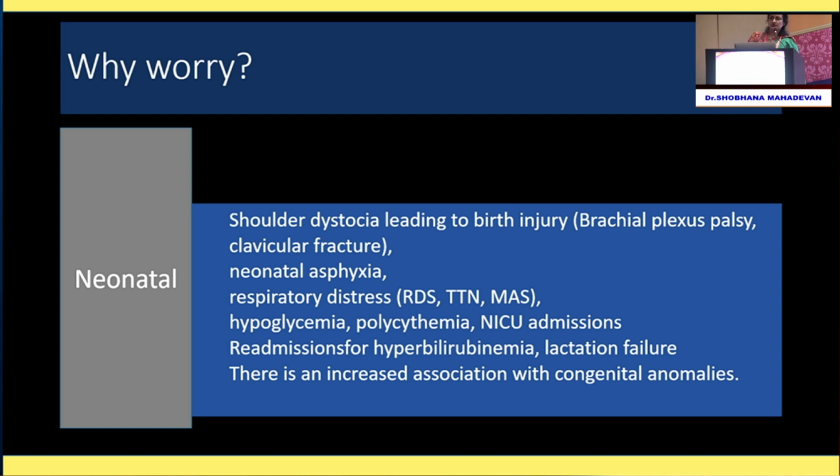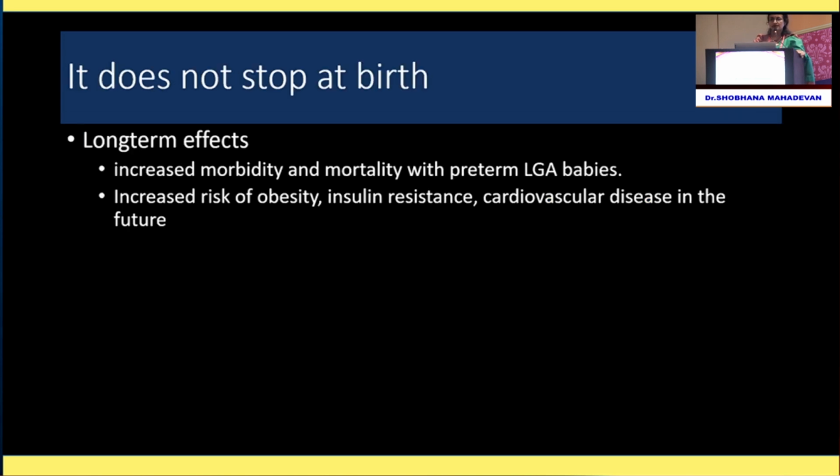And there is also this nuisance of readmissions because these large babies tend to have late hyperbilirubinemia and also lactation failure. And a lot of these large babies are associated with congenital anomalies as well. But the problems do not stop with birth. There is increased morbidity and mortality if the LGA baby is also preterm, and there is increased risk of obesity, insulin resistance, and cardiovascular disease in adulthood.